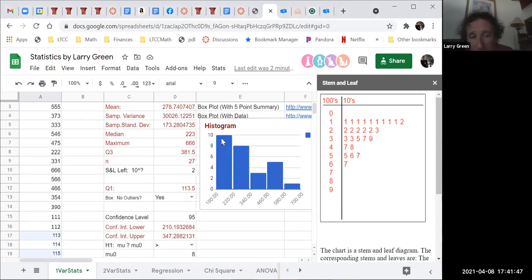So notice that from the high mode, it goes down. And that's skewed right, because the skew, or the going down, is going to the right from the mode. Okay, my guess is you can probably guess what skewed left would mean. Any guess? Yeah, it's the opposite. So it's a mirror reflection of skewed right.